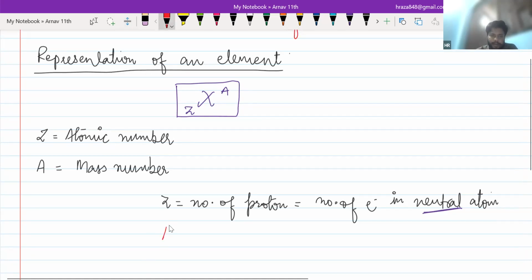Also, you write that mass number is equal to atomic number plus number of neutron.